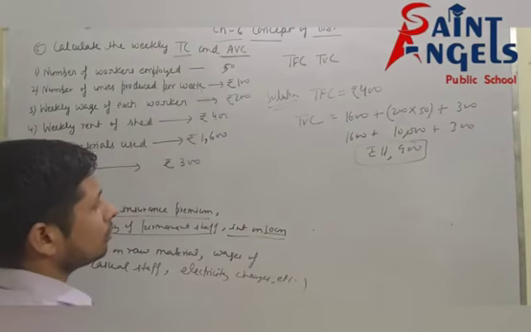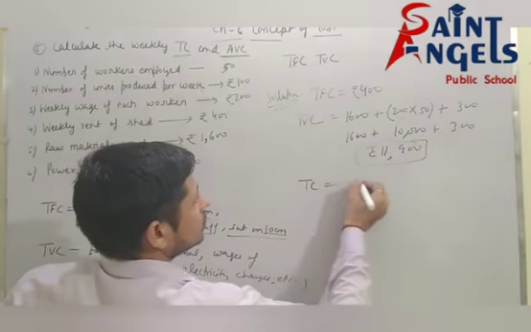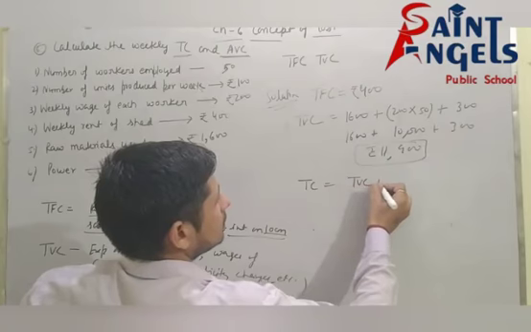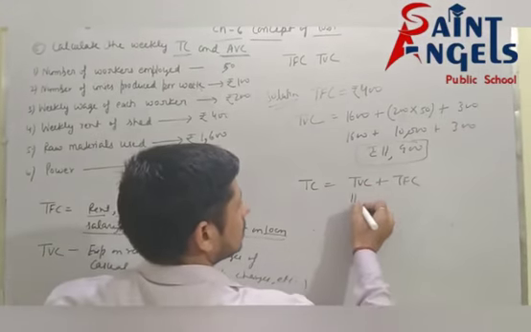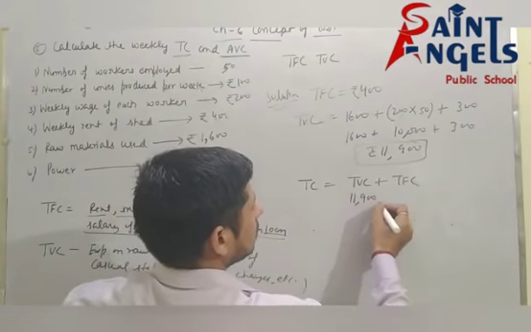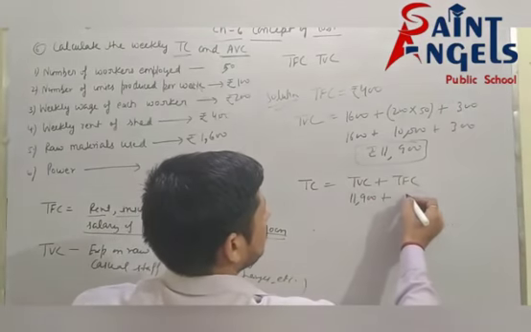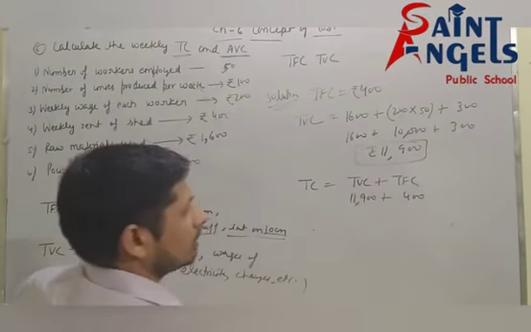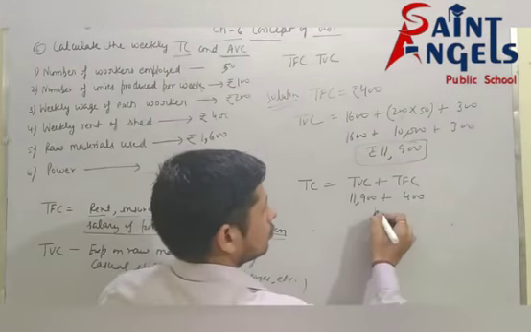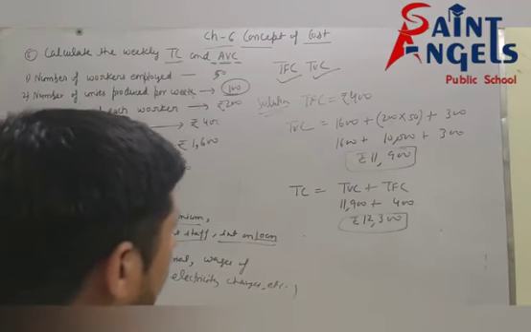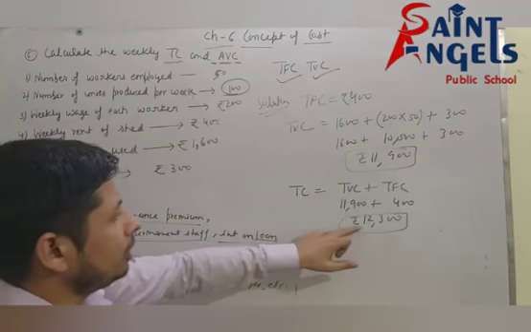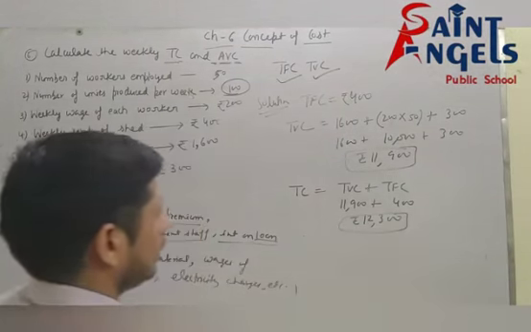But what is the formula of TC? TC is equal to TVC plus TFC. TVC is 11,900 and TFC means 400. So answer will be 12,300. So this is the final answer of TC, rupee 12,300.